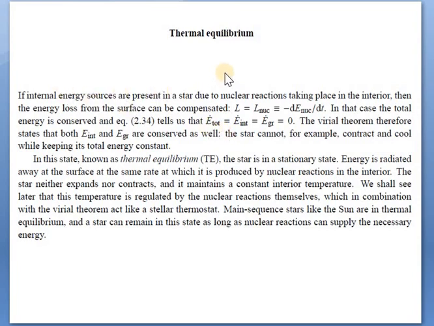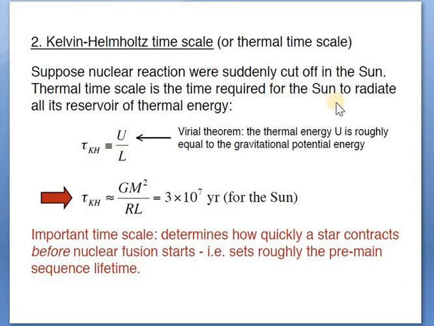Okay. Now, related to thermal equilibrium is the Kelvin-Helmholtz time scale, also known as the thermal time scale. So what is that? Suppose the nuclear reactions were suddenly cut off in the Sun. Then what is the time required for the Sun to radiate all its thermal energy? That time scale is known as the thermal time scale.